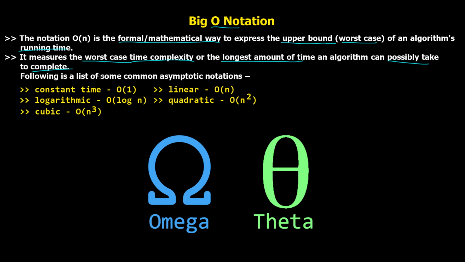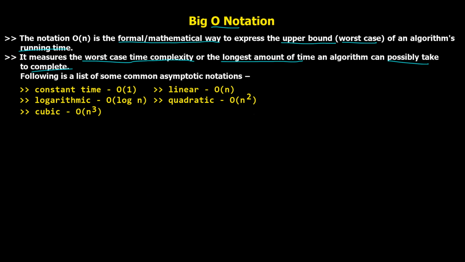But they are not as relevant as big O notation, because whenever you're running an algorithm, the most important aspect when it comes to time is that you want to know what is the maximum amount of time the algorithm will take given a particular size of the input. You're mostly not worried about how fast it will execute, right? You're mostly worried about the maximum amount of time it will take to execute, because that is more critical.